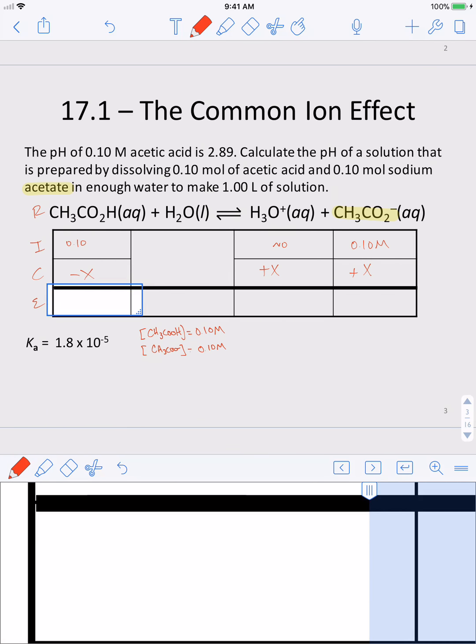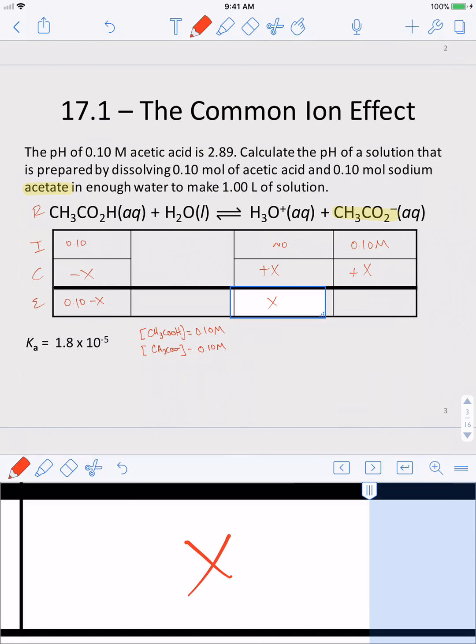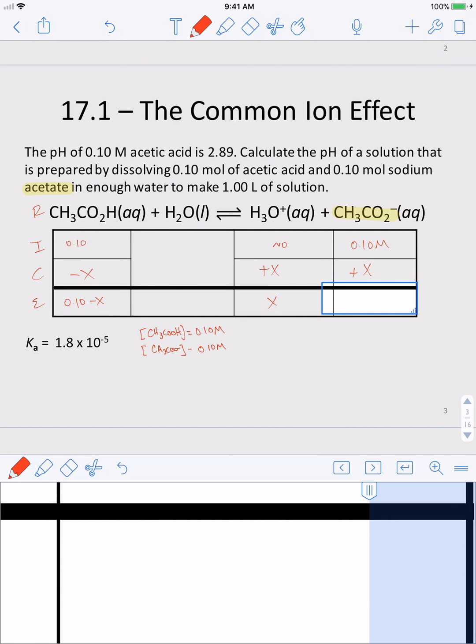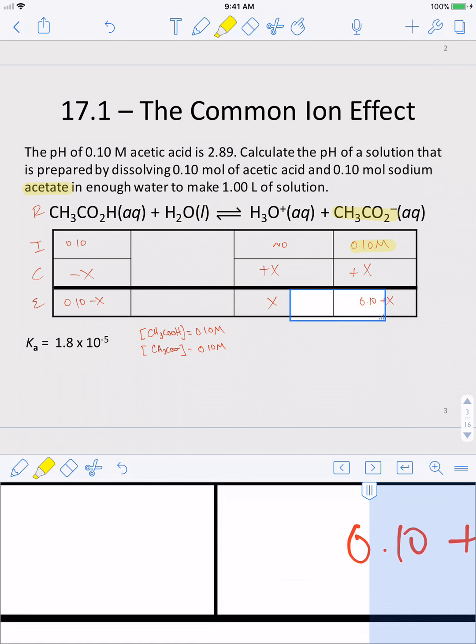Okay, so at equilibrium then we have what we initially had, 0.10 minus x, x, and 0.10 plus x. Alright, so far the only difference is that we started with some acetate here in my Rice table.